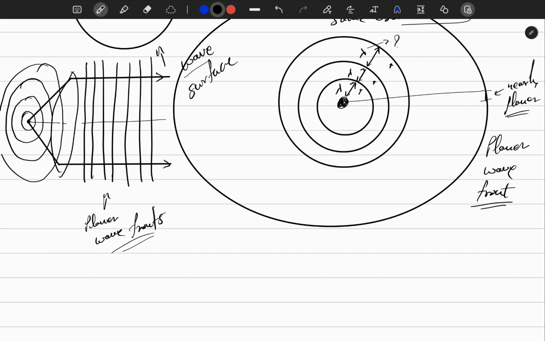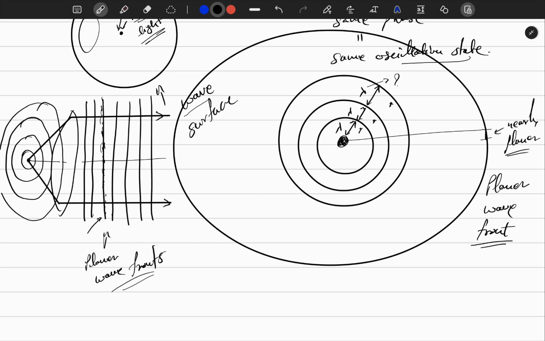And in the wave picture, the spherical wavefront will become a parallel wavefront, or plane wavefront. In the case of plane waves, the amplitude of the wave is the same everywhere on this plane, so the intensity remains the same on this plane.